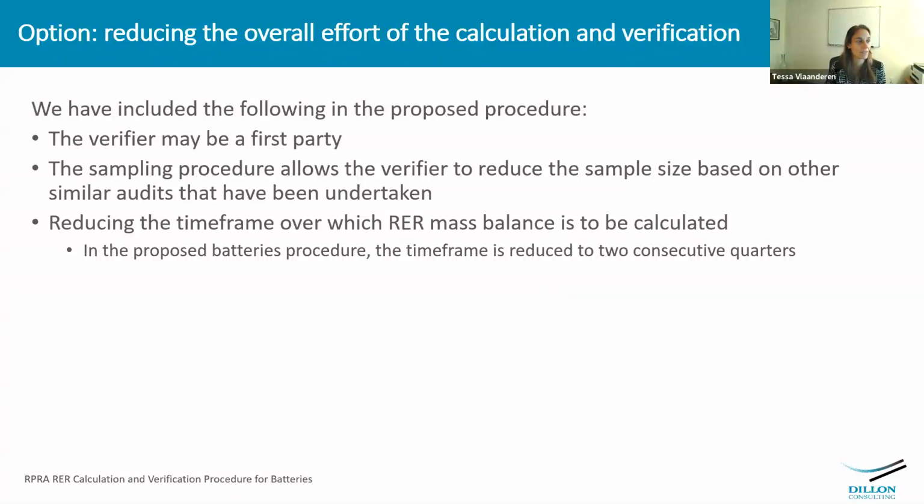Lastly, the reduction of the time frame over which the RER mass balance is to be calculated, which would impact the total population of the samples to review. In the proposed procedure, we have reduced the time frame to 2 consecutive quarters. And this is something that we would like to get your feedback on as well.